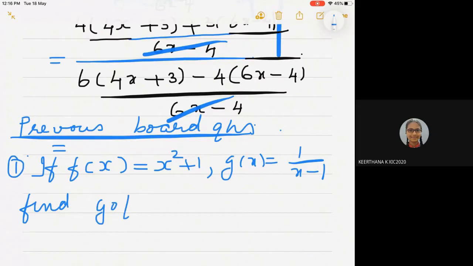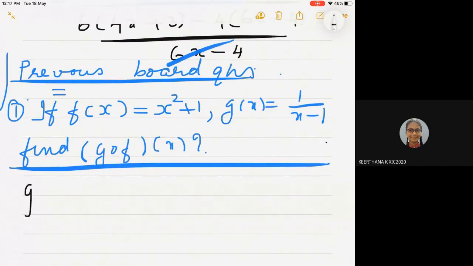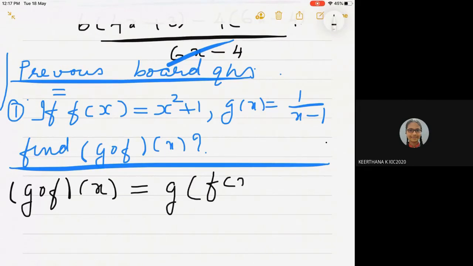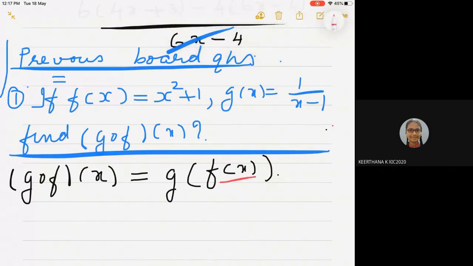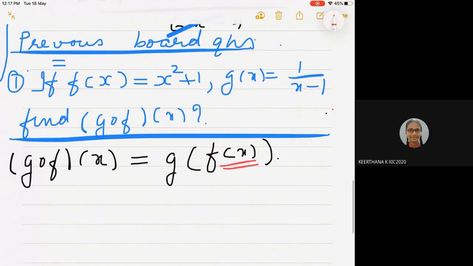Find g dot f of x. G dot f of x is the composition of g and f. You can write it as, by definition, g of f of x. The interior function you have to write first. That is, what is f of x?